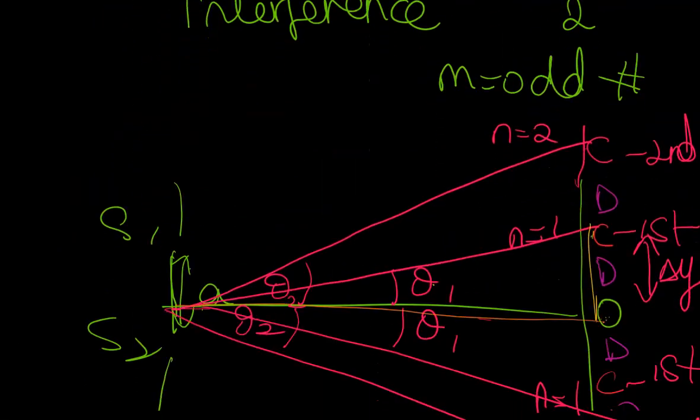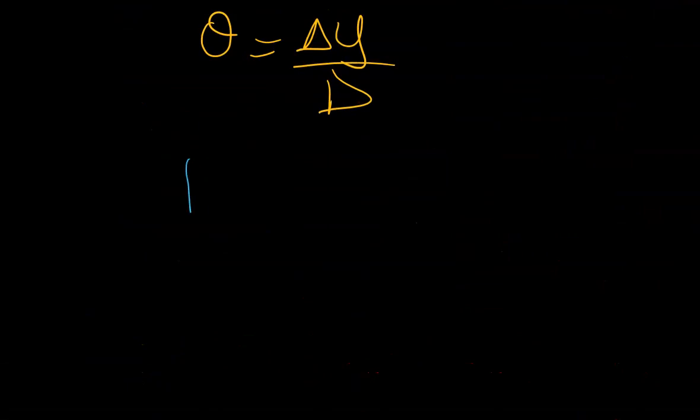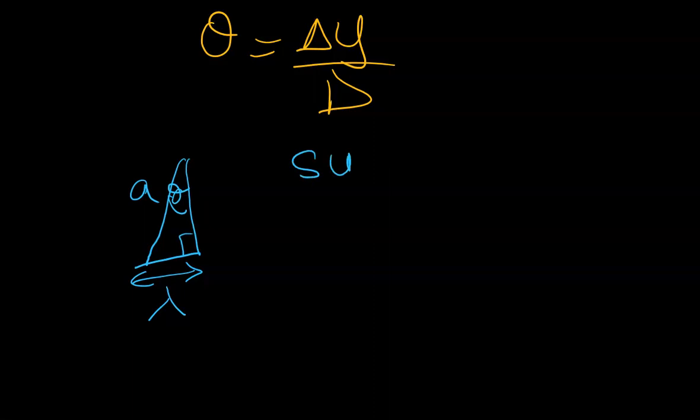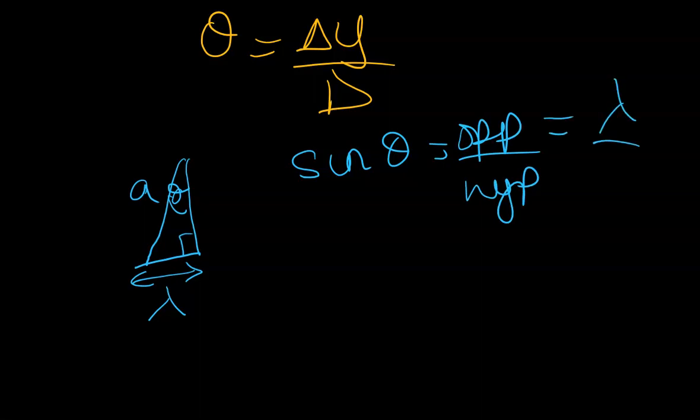So you have now a triangle where this is A, you have this being a wavelength, and you have theta. So you could say sine of theta is opposite over hypotenuse, which is lambda over A. In all of these assumptions, theta is small.